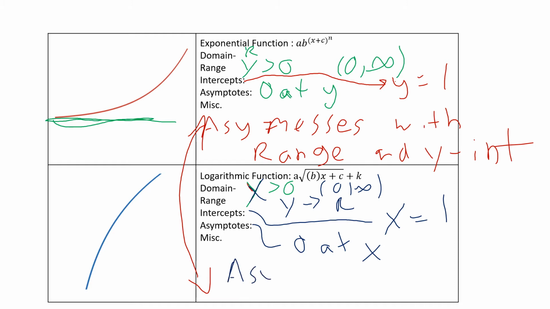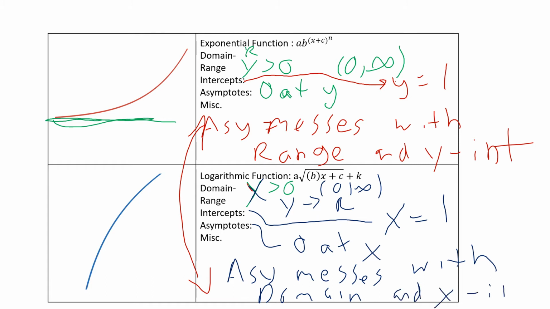The asymptote messes with domain and x-intercept. And I do apologize for the scribble. It does look kind of sloppy, but if you were following along with this, or if you didn't follow along, replay the part and you will get it.